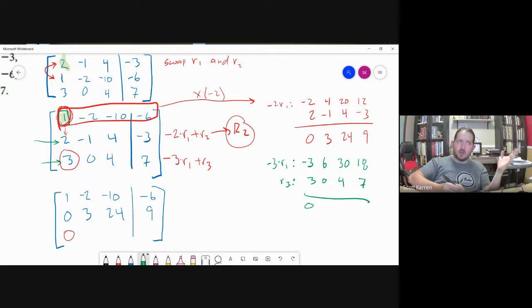Which we did before. It was a little bit messy. It's a little bit more organized here, but if I keep going here, I've got 6, 34, and what is that, 25? And that's my new row 3. 0, 6, 34, 25.